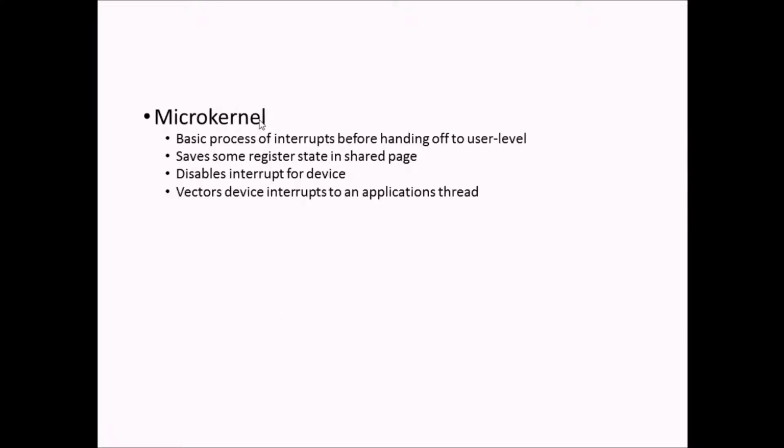The microkernel handles the basic process of interrupts before handing over to user level, such as saving register state in a shared page or disabling the interrupt for the device, and vectors device interrupts to the application threads.